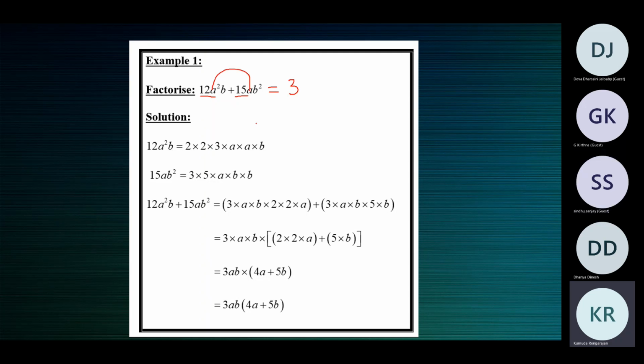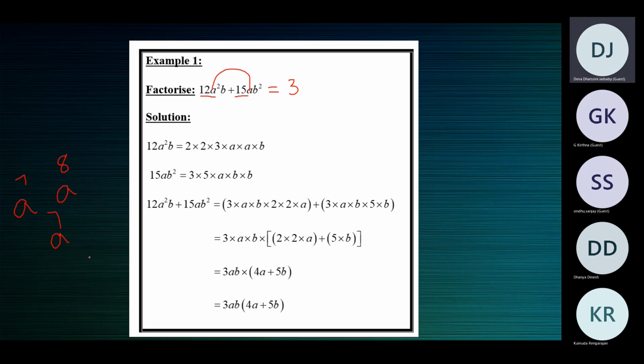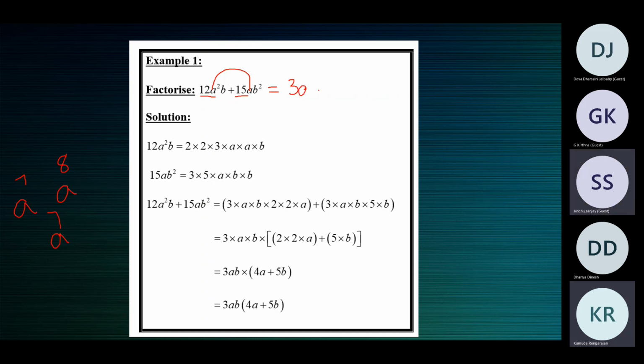The least power will be the HCF. If you have to find the HCF of A to the power 7 and A to the power 8, A to the power 7 is the HCF, the least power. So for A square and A, the least power is A, so that is common.